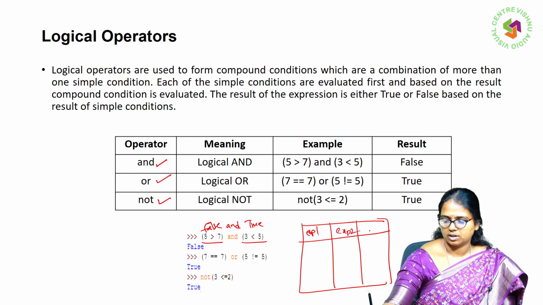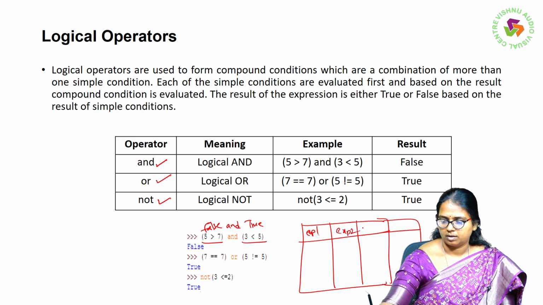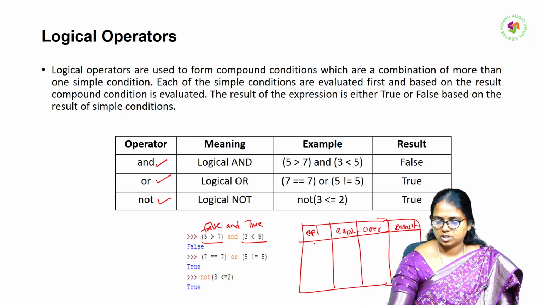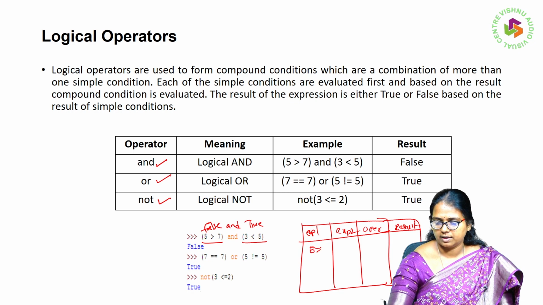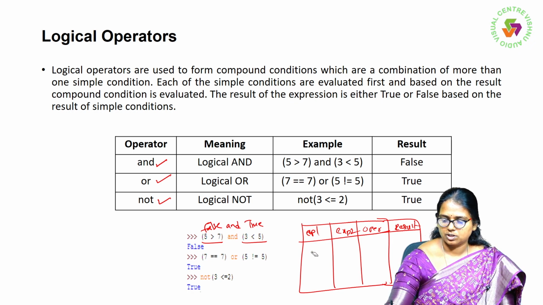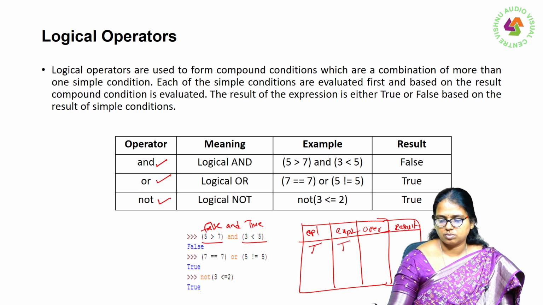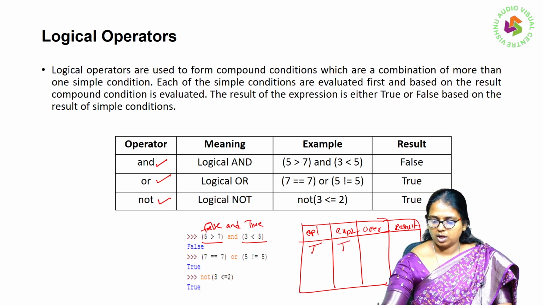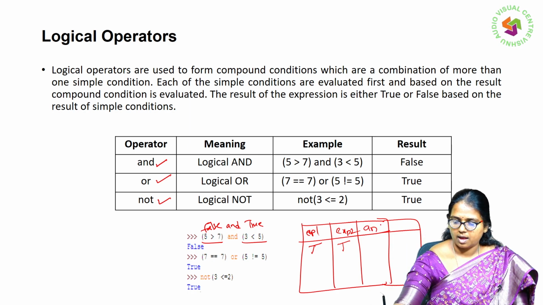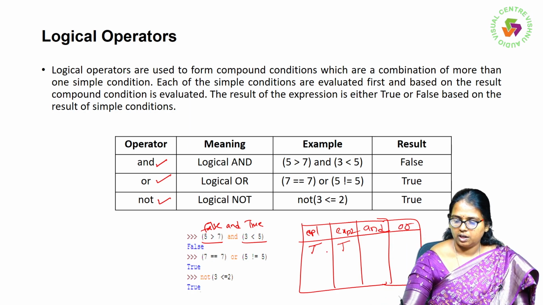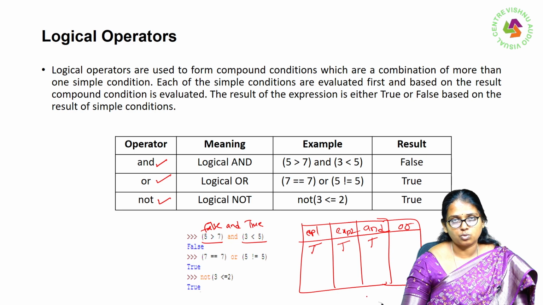Expression 1, expression 2, operator, result. If expression 1 is true and expression 2 is true, then for both and, or, it returns true.